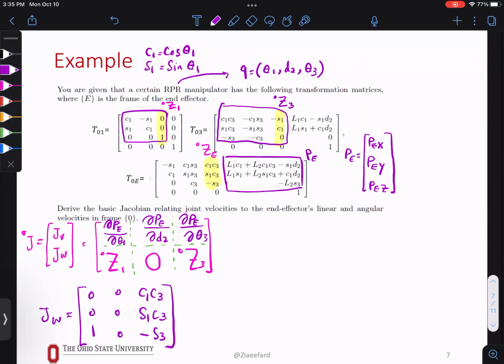Now for JV, which is the top part, this is the JV part, this is the J omega part.